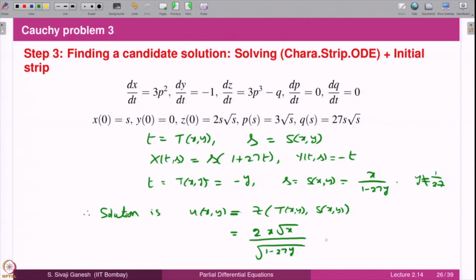Of course, x should be positive, right, and y should be less than 1 by 27, because the initial data is given on the x axis and y equal to 1 by 27 is here. Solution is not meaningful at y equal to 1 by 27. So, you have to choose either this domain or this domain. We choose this domain because this is where it is in touch with the Cauchy data. We want to solve solution nearby this gamma 2.